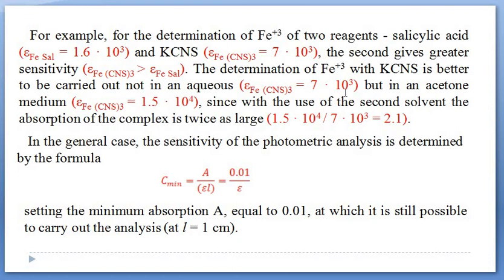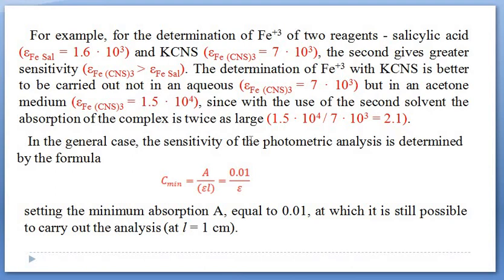The determination of iron 3+ with potassium rhodanide is better carried out not in an aqueous medium, in which the value is equal to 7 multiplied by 10^3, but in an acetone medium, in which the value is equal to 1.5 multiplied by 10^4.